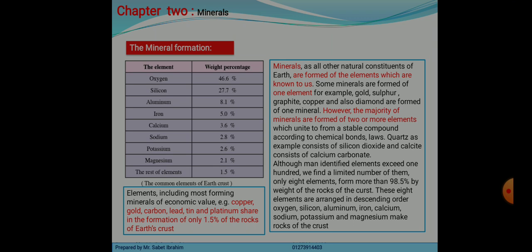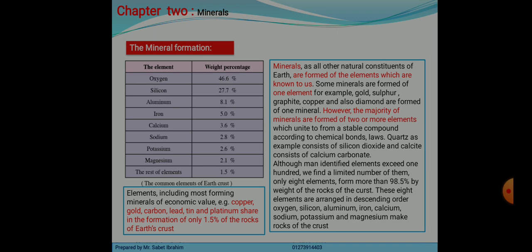Oxygen is 46.6, silicon is 27.7, aluminum is 8.1, iron is 5, calcium 3.6, sodium 2.8, potassium 2.6, magnesium 2.1, and the rest of the elements is 1.5%.